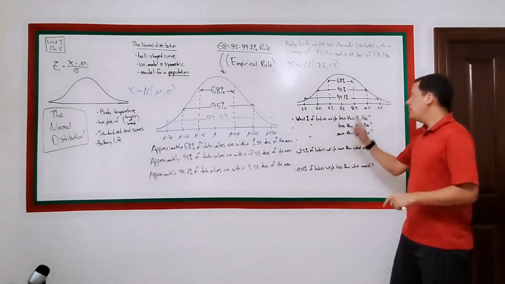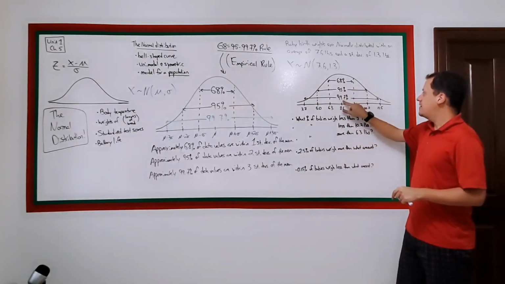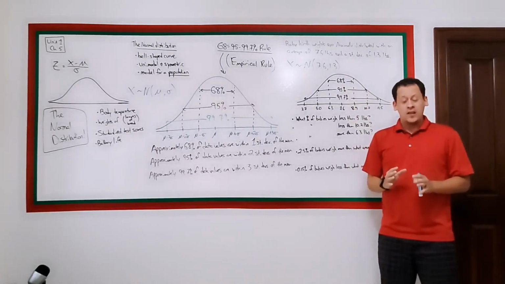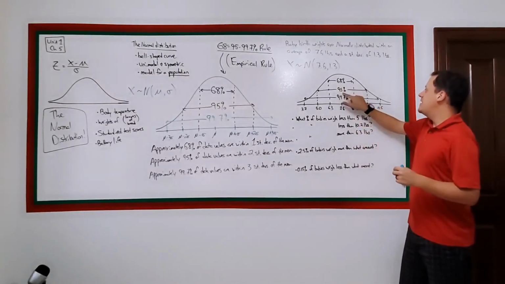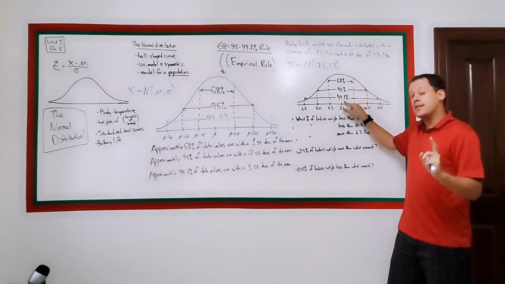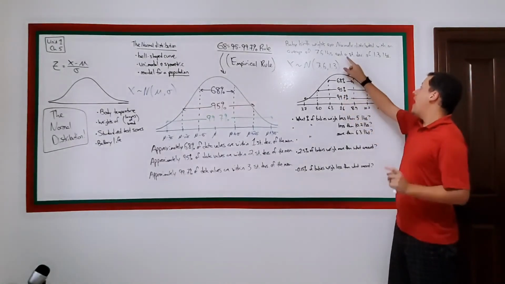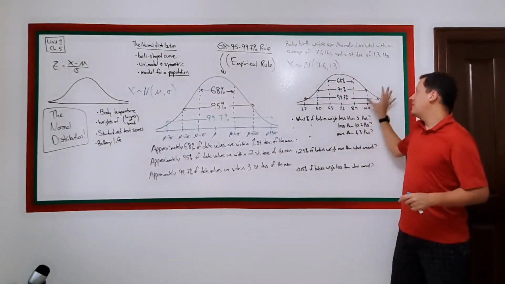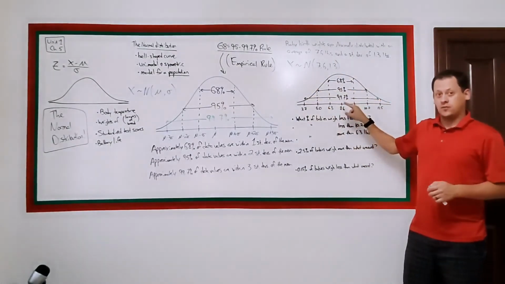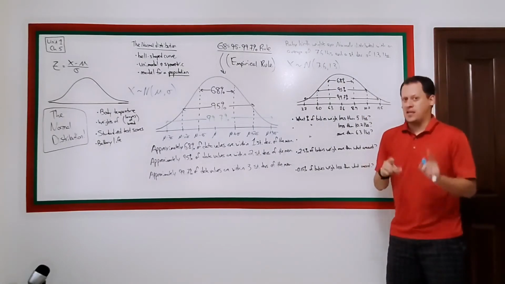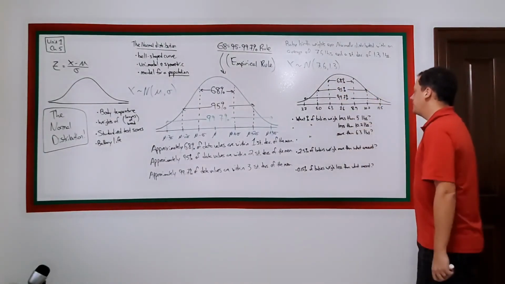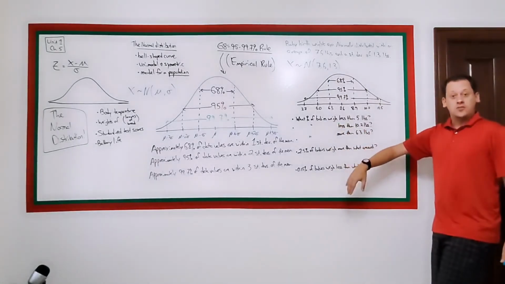At this point in time, drawing it with the 68, 95, 99.7 is included. In the future, you won't need these values, and I'll tell you why in the next video. But for now, in this chapter, you should be drawing this with that included. Especially if it says draw and label the model.